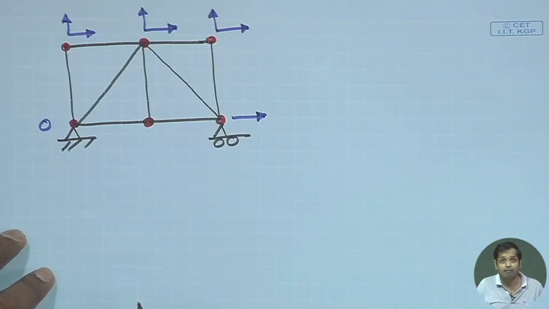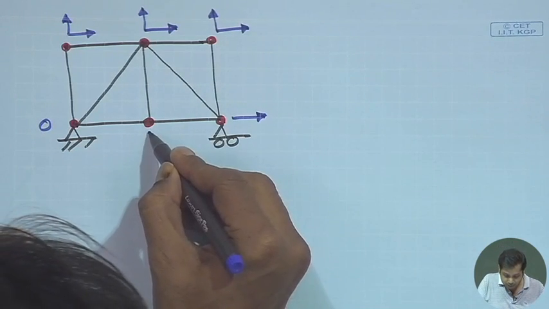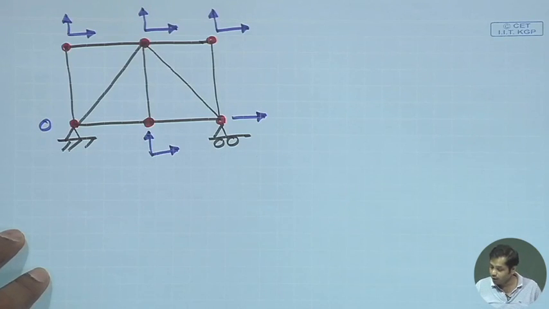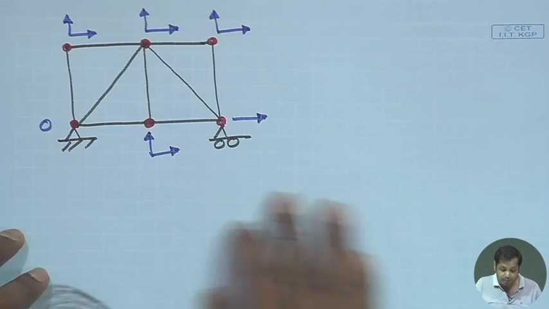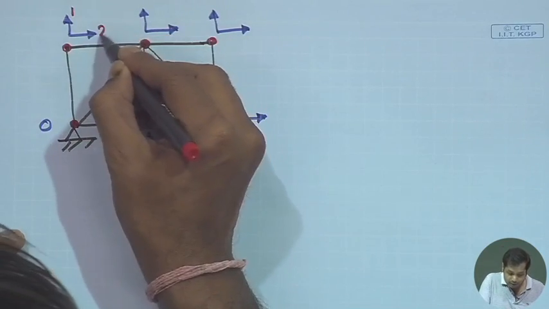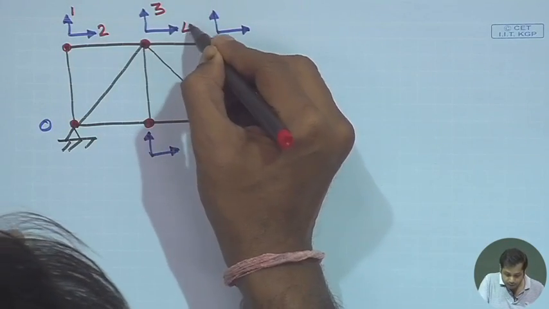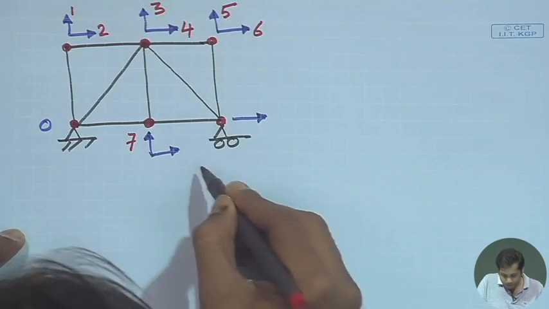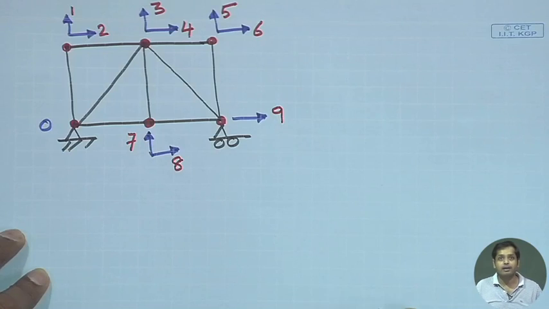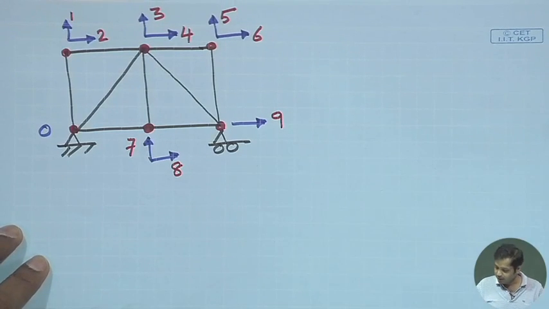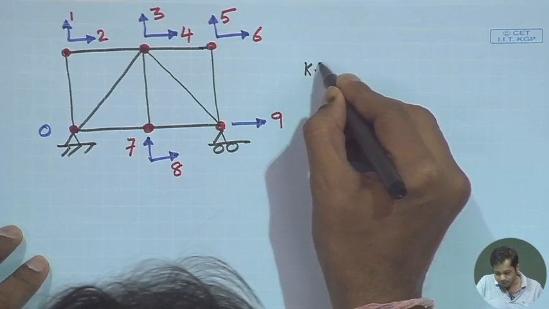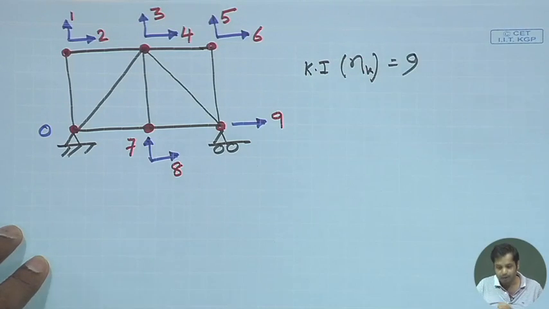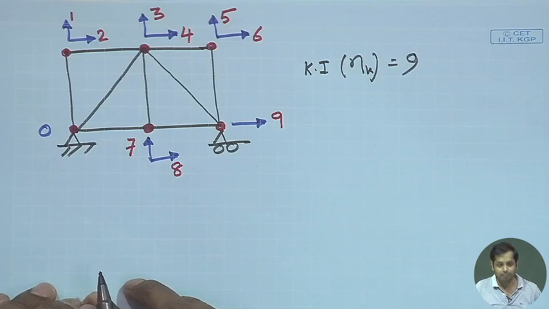There is no vertical translation, and this point also can translate in this direction and also in this direction. Then what is the kinematic indeterminacy it has? It is 1, then 2, 3, 4, 5, 6, 7, 8 and 9. So, the kinematic indeterminacy NK is 9. Okay.